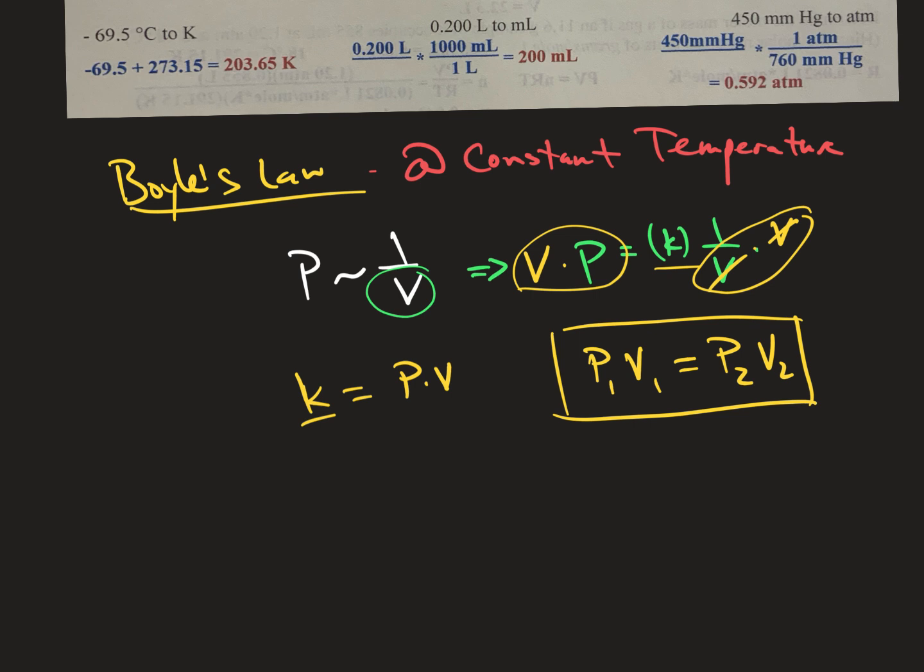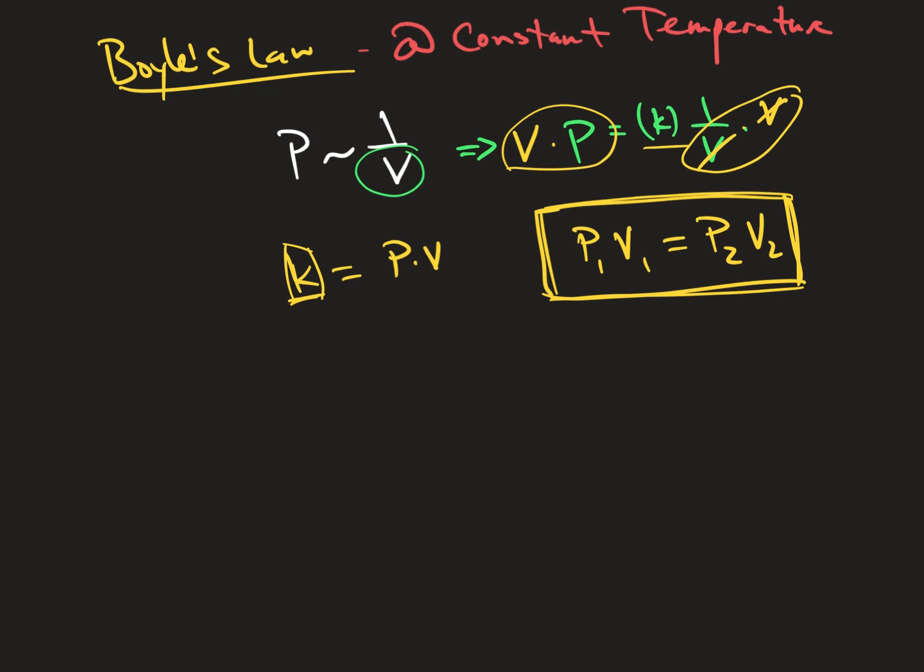This is a formula we can use. This is called Boyle's law. But we can only use it if temperature is constant. It turns out that this is the temperature, but we won't worry about it for a minute. Are we good there?